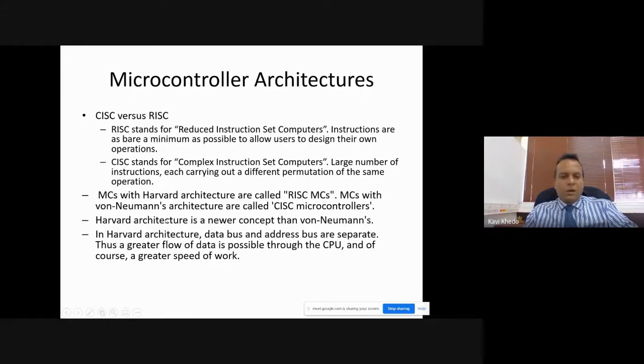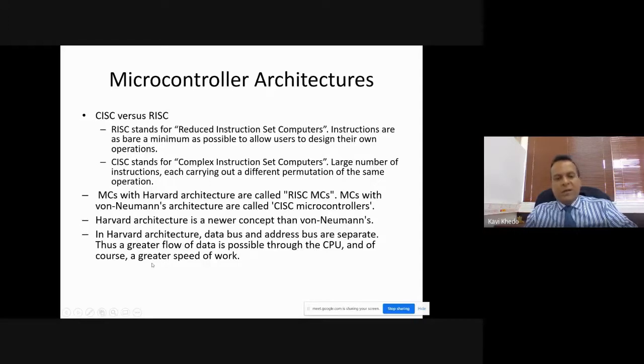Harvard architecture is normally a newer concept than von Neumann. In Harvard architecture, the data bus and address bus are separate, thus a greater flow of data. This is what your friend mentioned about time, about performance. A greater flow of data is possible through the CPU, and of course a greater speed of work.